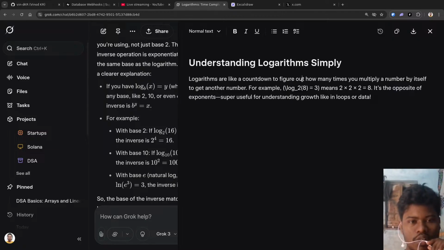Logarithms are like a countdown to a figure. Log is figuring out how many times you multiply the number by itself to get another number.